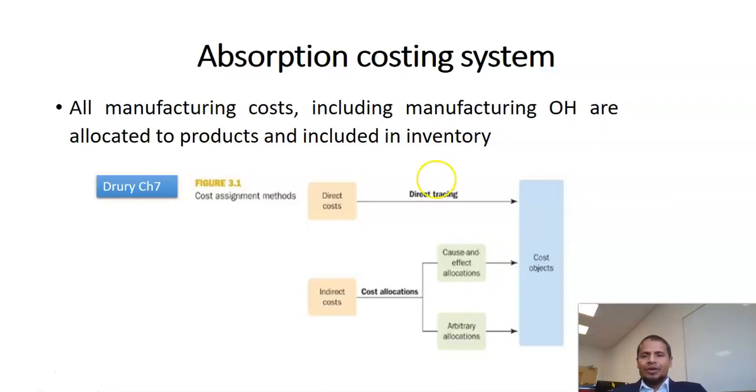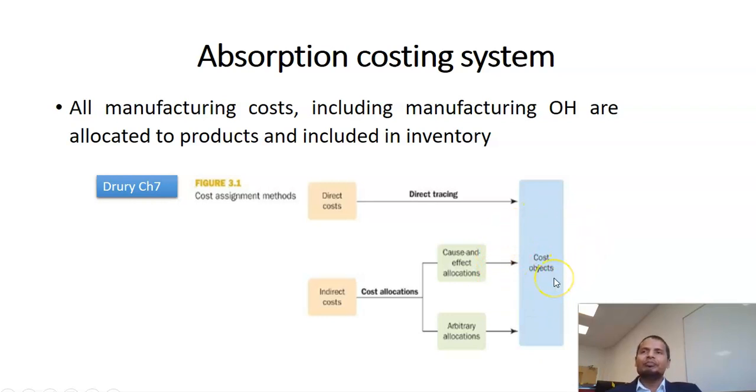So all manufacturing and production related cost, it can be material, it can be labor, it can be overhead, it can be relating to other factory expenses. All the cost are included in your cost objects, in your product cost.